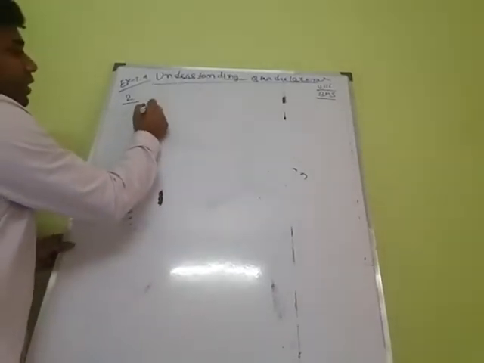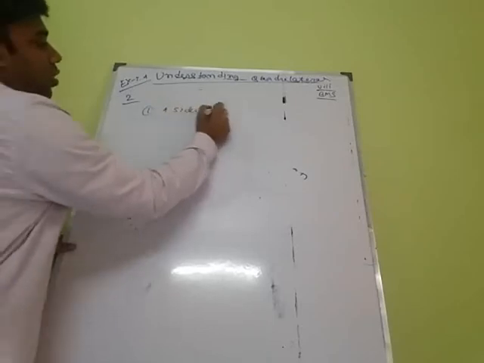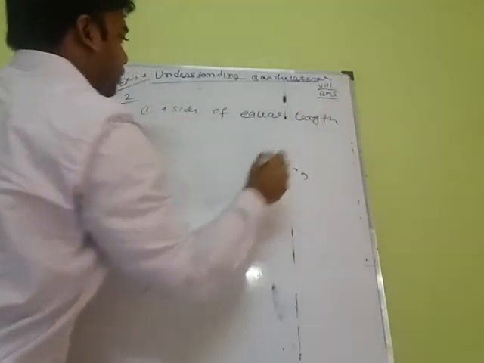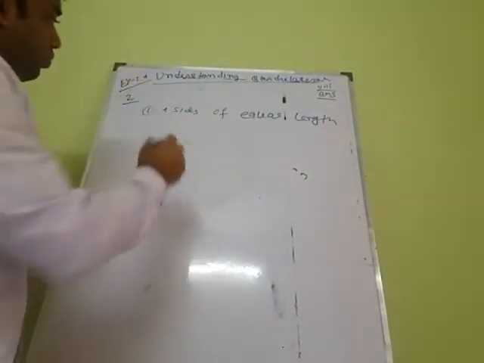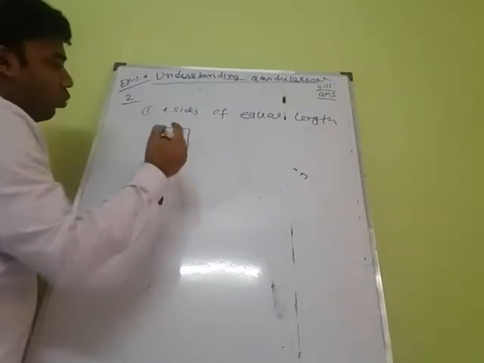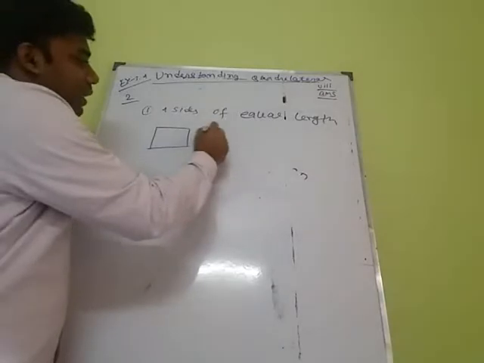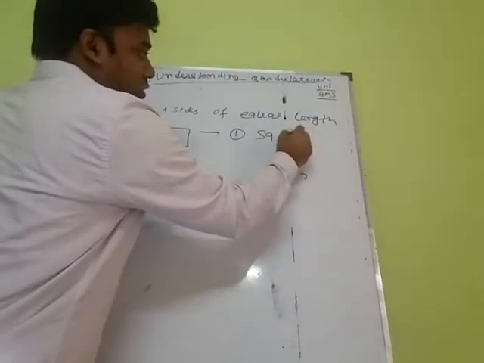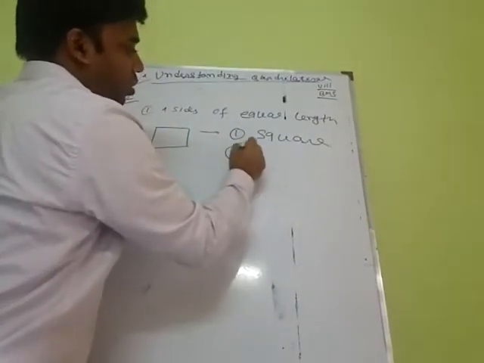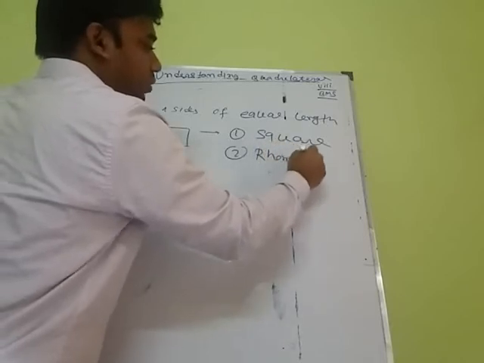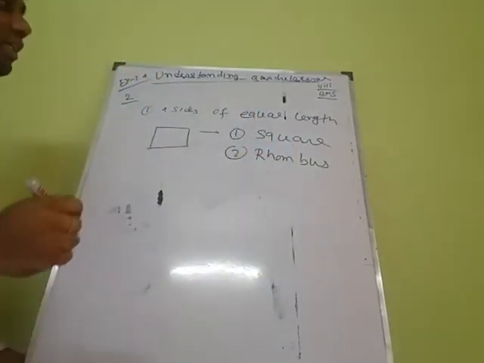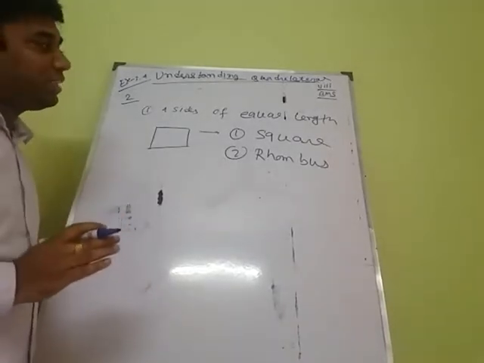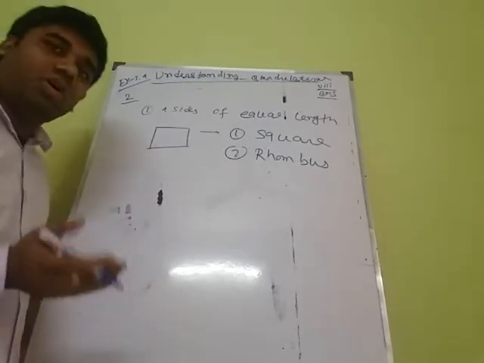A quadrilateral having four sides equal must be either a square or a rhombus. We know that these two quadrilaterals have four equal sides. So any quadrilateral having four equal sides, we can say, is either a square or a rhombus.